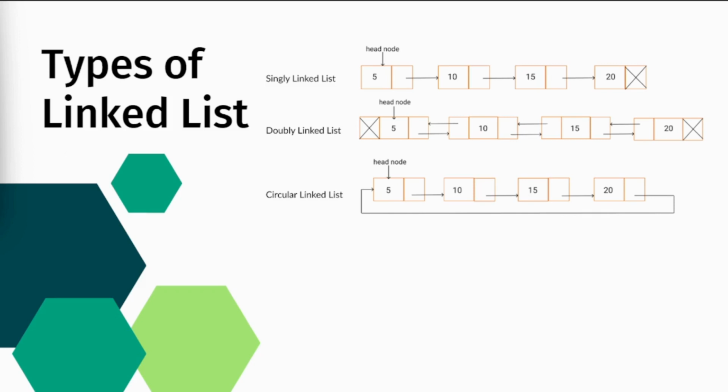To traverse a CLL, we start from the head node and continue until we encounter the head node again. Each type of linked list serves specific purposes based on the requirements of your program or problem at hand. It's essential to choose the appropriate type that best fits your need.